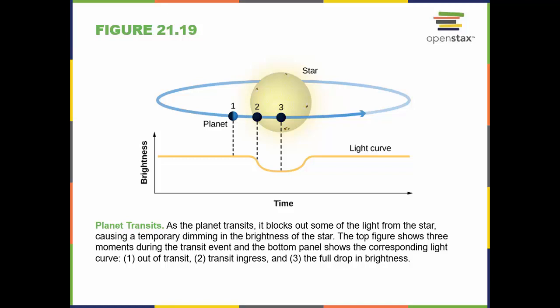As it starts to move to position 2, we see the transit's ingress, in which the planet is beginning to cross the star, which means there'll be a dip in the brightness of the star. And finally, as the planet goes to position 3, it completely blocks out some of the light from the star. Then as it exits and goes past the star, we see the same thing happening on the other side in reverse.